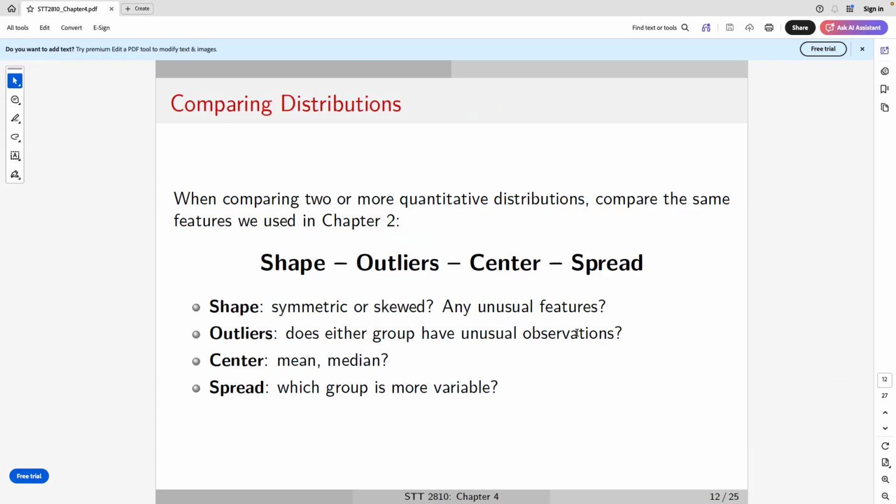Whenever you have quantitative or numerical data, and we try to use the histogram or the box plots to graph them, we want to be able to tell the shape, outliers, the center, and also the spread.